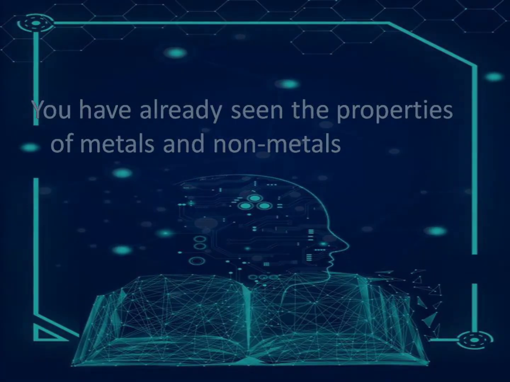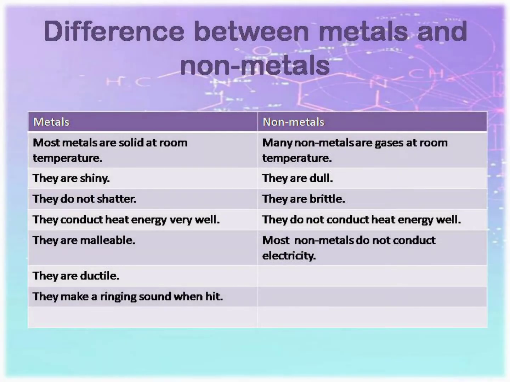So in a nutshell, let's compare these properties. The table shows the properties of metals and non-metals. In the metals column, there are 8 properties, and in the non-metals column, 5 properties. Properties of metals and non-metals are almost opposite.